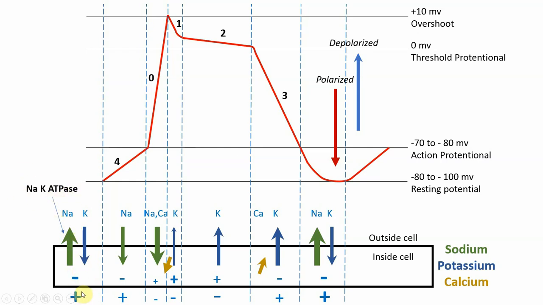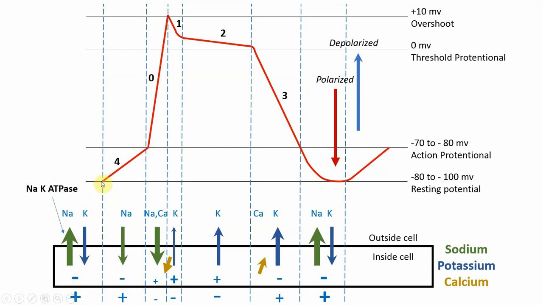Therefore what happens is that outside the cell there is a positive current, that is, positive charges are accumulated. There is no net movement of negative ions over here, but as positive charges are more outside, negative charges are more inside the cell.